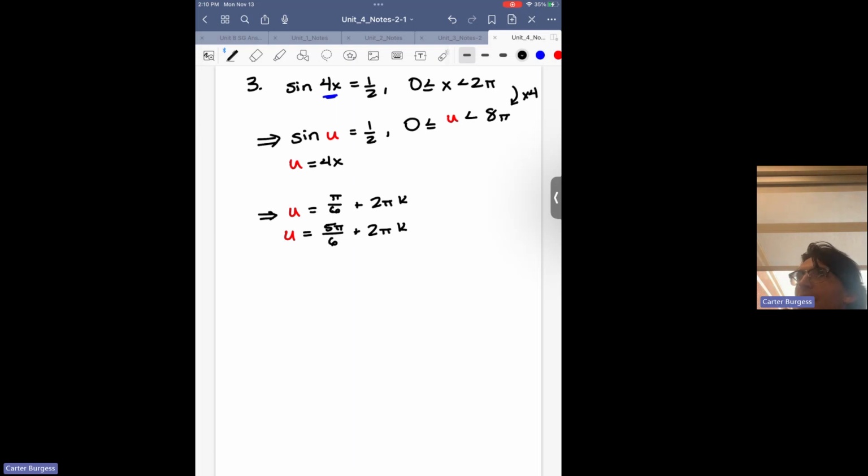We're going to add 2 pi k and check the various values of k. Like Haddon suggested, 2 pi might be more conveniently written as 12 pi over 6, which I like a lot. And 8 pi can be more conveniently written as what? What's going to tell us that we've gone over?